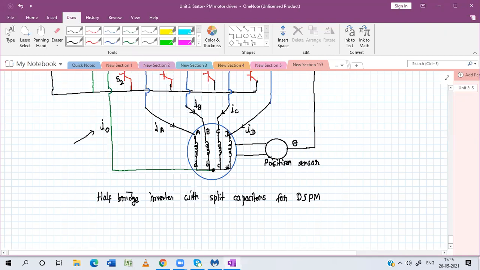So why are we using a split capacitor connection? It is connected with a neutral point of the winding. It is just for the commutation, or to accommodate the unbalanced current during the commutation period.